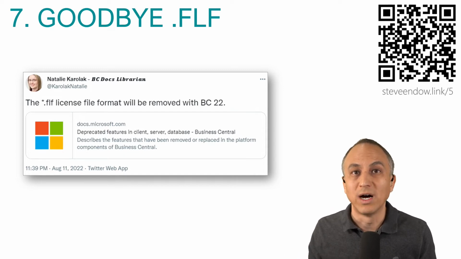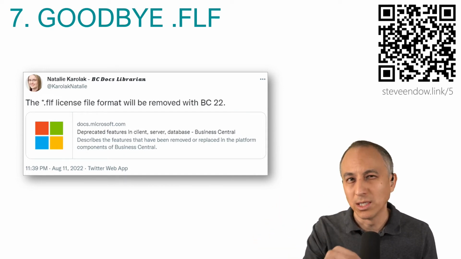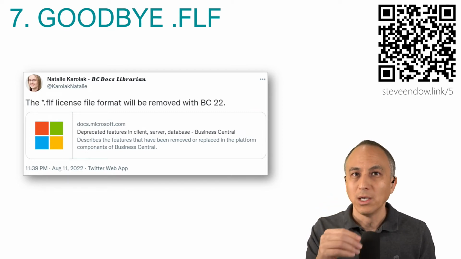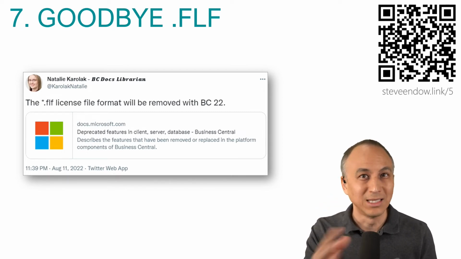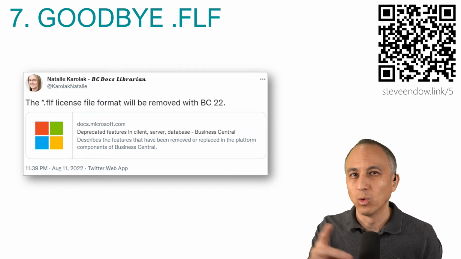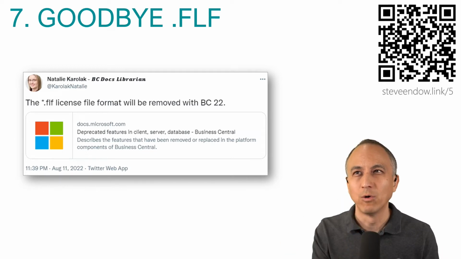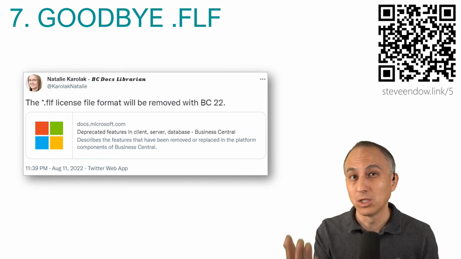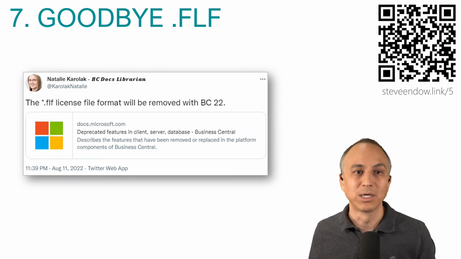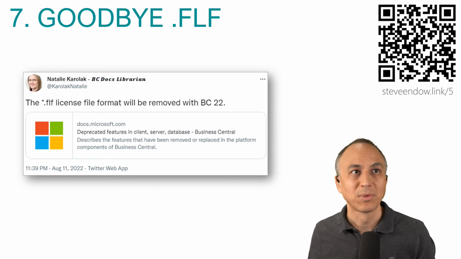It seems to work fine now. There are probably some scenarios on older situations or on-prem NAV or on-prem BC containers where you may still need the FLF license format, but I think they're working on resolving that and moving forward with Business Central 22. The FLF license format will be deprecated and dropped.